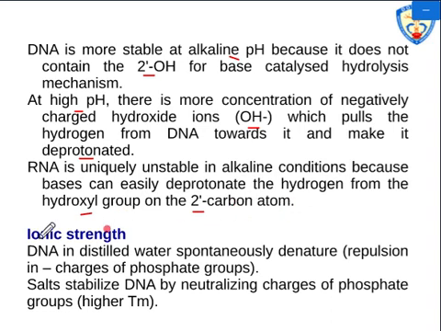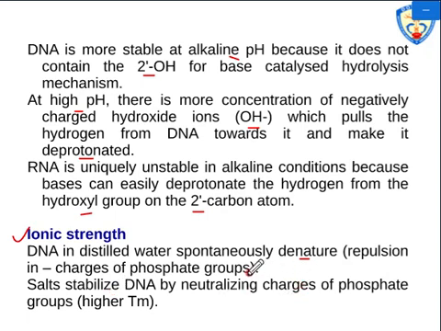Another method to denature DNA is ionic strength. Now DNA, if we dissolve it in distilled water, will spontaneously denature. That is due to repulsion between the negative charges of the phosphate groups present in DNA. Salts, on the other hand, will stabilize the DNA molecule by neutralizing the negative charge of the phosphate groups.